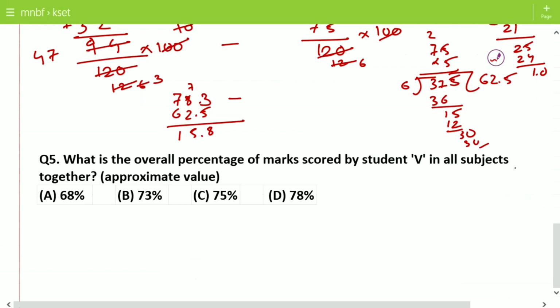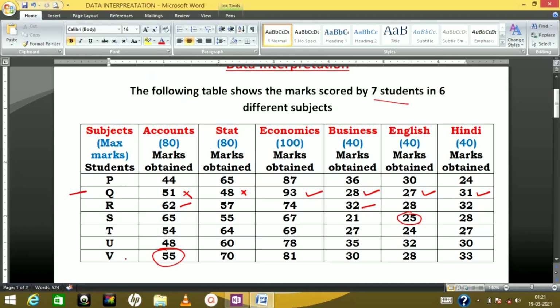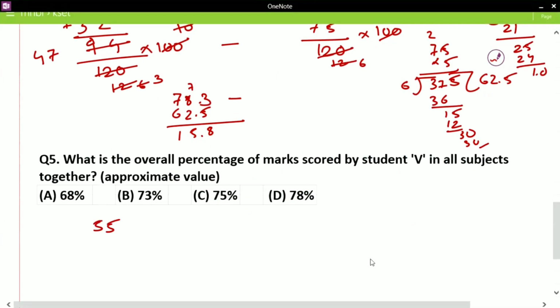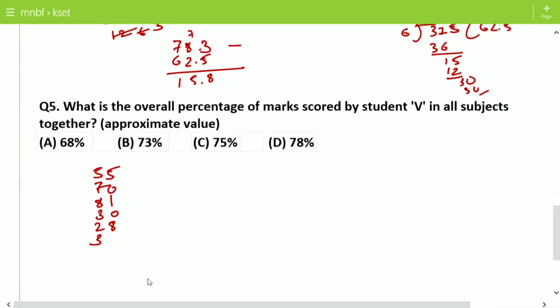What is the overall percentage of marks scored by student V in all the subjects together? So V in all the subjects together has scored 55, 70, 81, 30, 28 and 33. So let us make the total of this. 5 plus 1 6, 6 plus 8 14, 14 plus 3 17, 7 plus 5 12, 12 plus 1 13, 13 plus 3 16, 16 plus 8 24, 24 plus 2 26, 26 plus 3 29.